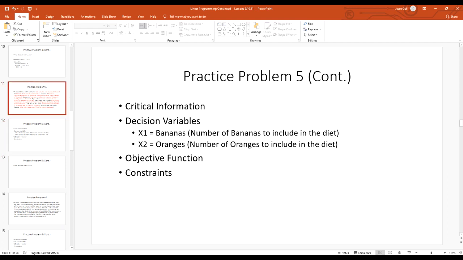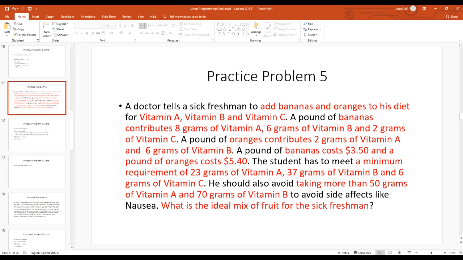Now we have to look back here and we have to relate our decisions to our ultimate goal. So in this situation, we know our decision is bananas and oranges. However, our ultimate goal is not directly stated.